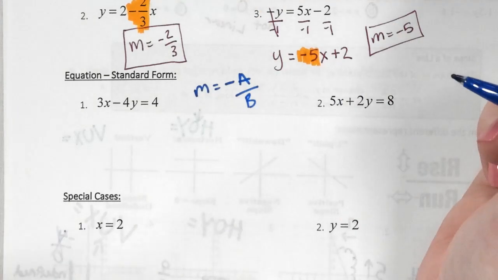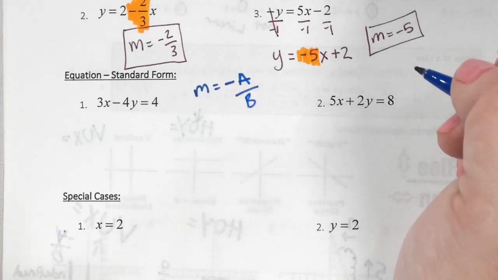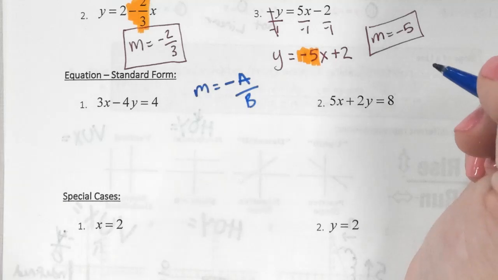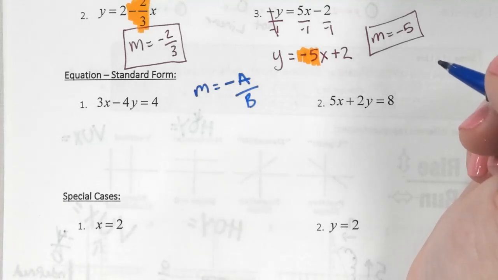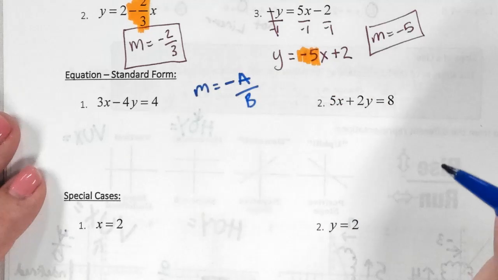So did I change b? Is b opposite? No, only a. And I put a negative when I say opposite because what do 2 negatives make? A positive. So if a was negative and I put a negative there, then 2 negatives would make a positive. Now what's a positive that I give a negative to? It becomes negative, right? So it's going to make it opposite with that negative.